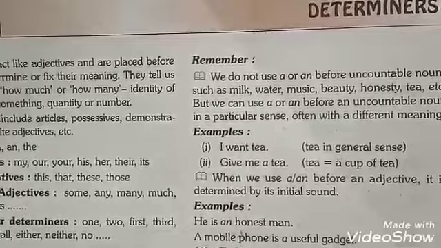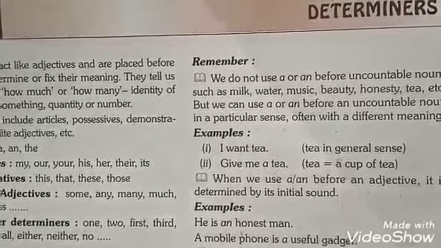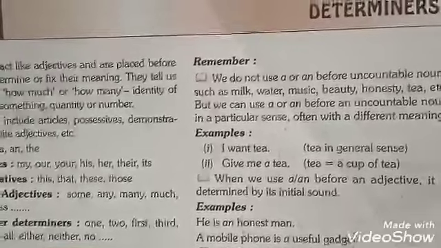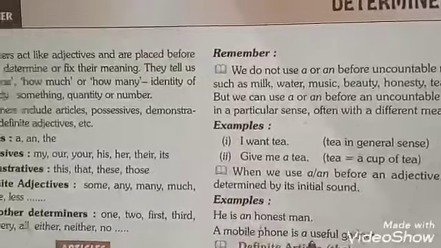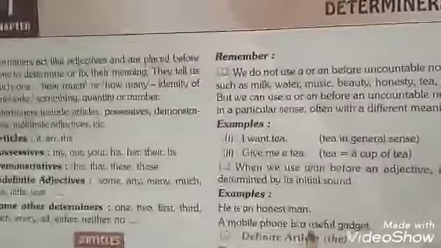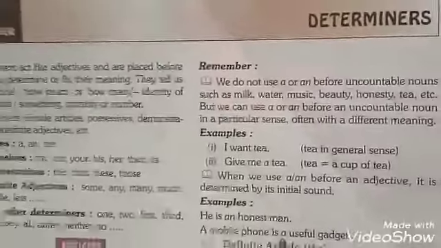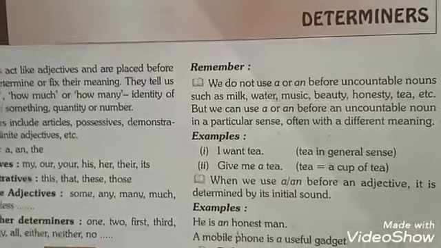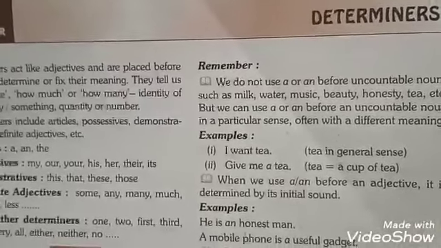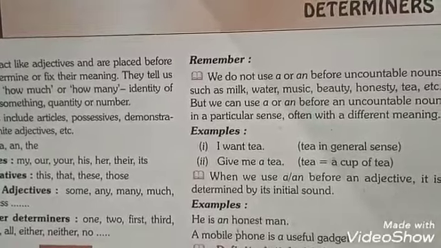Next example: a mobile phone is a useful device. Here U is a vowel but it doesn't give a complete vowel sound. That's why a has been used in place of an, and this rule has also been stated clearly in previous rules. Students, these are some important guidelines for using a or an before a singular countable noun.